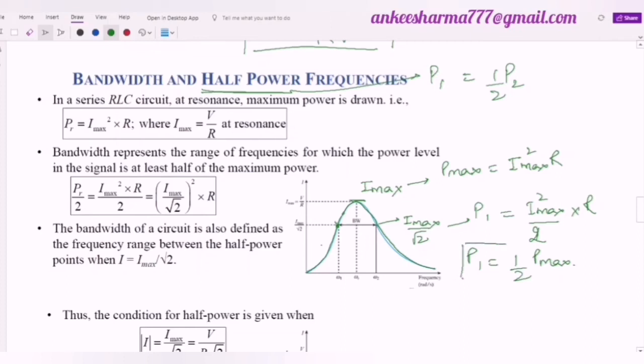So the points or the frequencies where my power is reduced to half of the maximum power are called the cutoff frequency points or the bandwidth points.